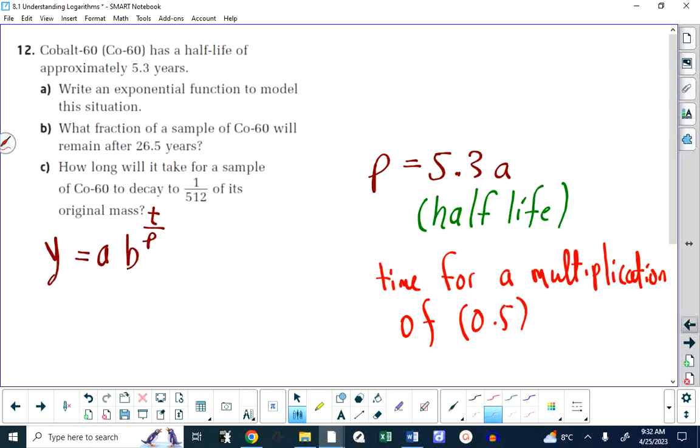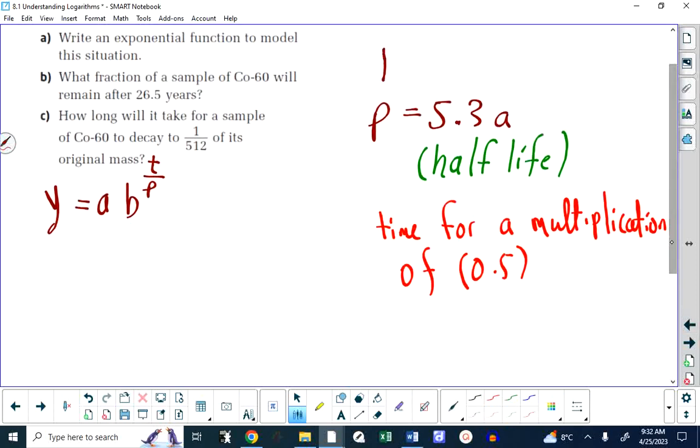We have to know that half-life means the population gets cut in half regularly. So when we say that the half-life is 5.3 years, that means P is the length of time, 5.3 years, for the population to be reduced by a factor of a half, or reduced to 1/2 of what it was. In other words, B is 1/2, or 0.5, right?